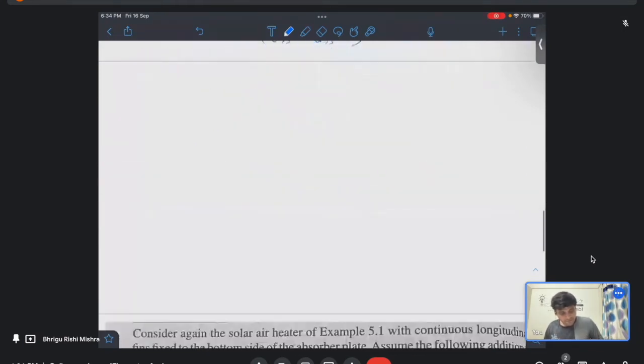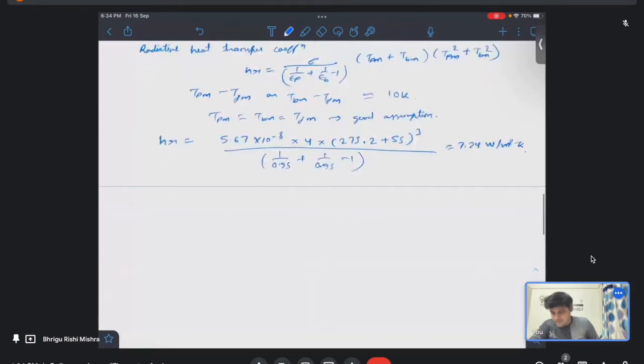So now we can calculate the overall heat transfer coefficient, which is HE. HE is nothing but HFP plus HR HFB by HR plus HFB. Here HFP and HFB are both the same, 15.08, which we have calculated.